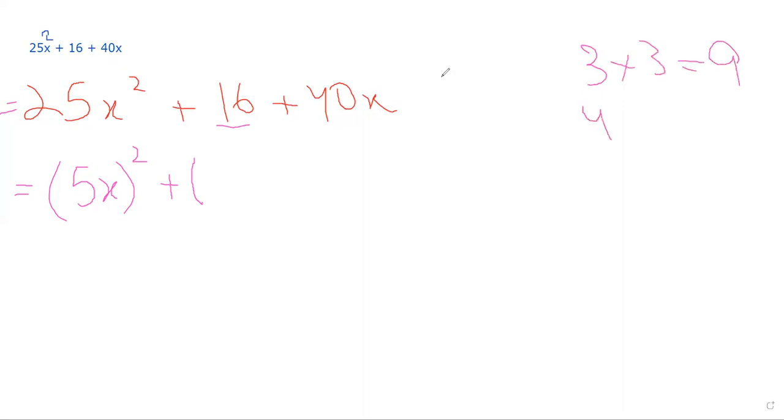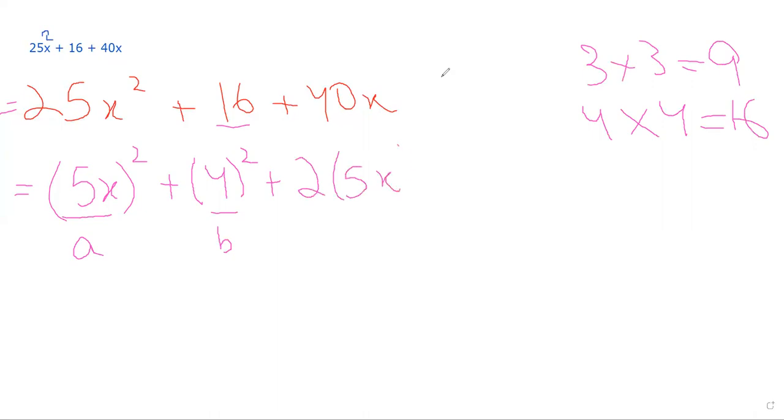What is 4 into 4? 4 into 4 is 16. So can we write it as 4 square? Yes. Okay, then this term is a, this term is b, and the next term is 2ab.